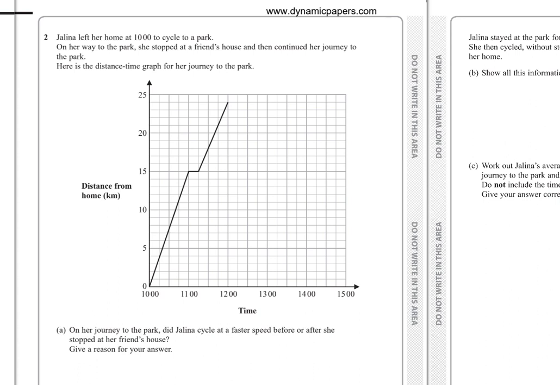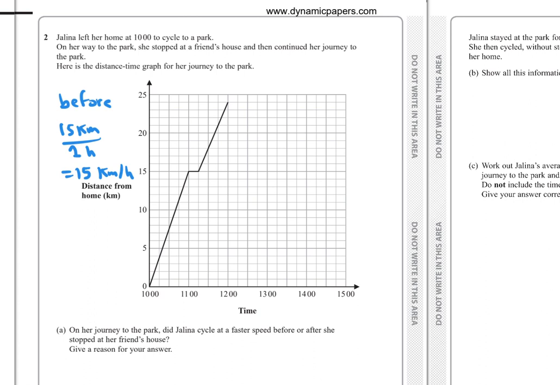So to find the speed before she stopped, rise over run, so 15 over 1, so 15 kilometers over 1 hour, so 15 kilometers per hour.